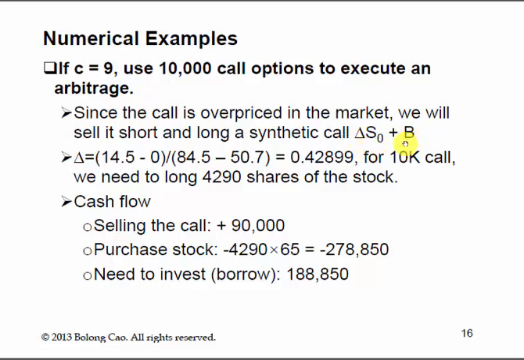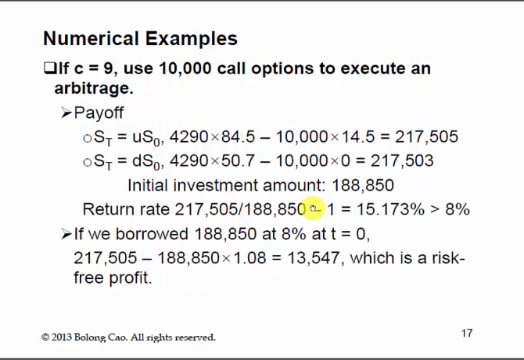What we need to see is what happens after one period. My long synthetic call can cancel the payoff of the short call I've written, and then there should be some profit for us because we have sold an overpriced call.